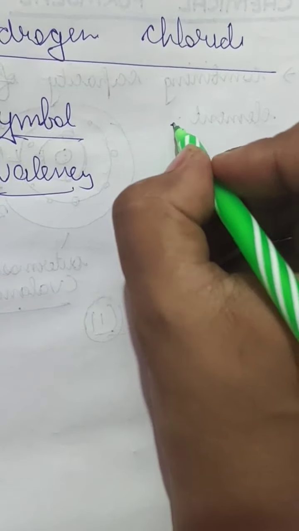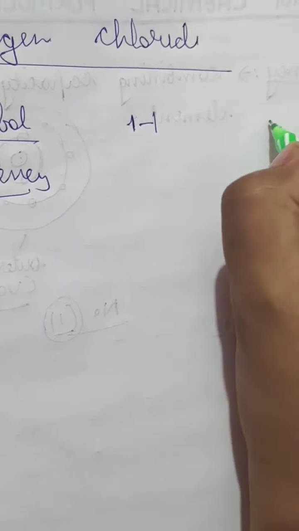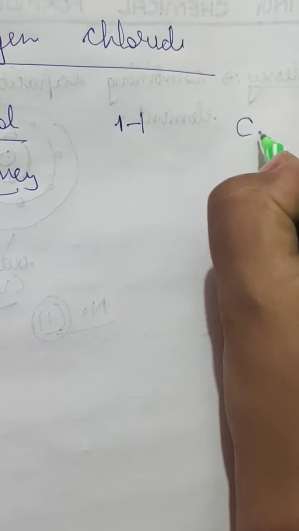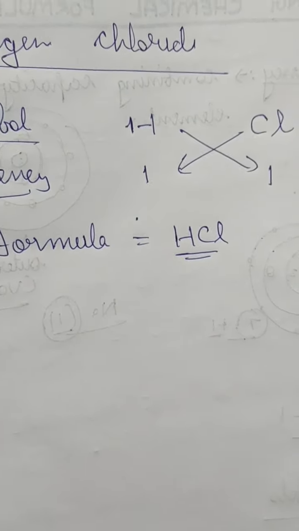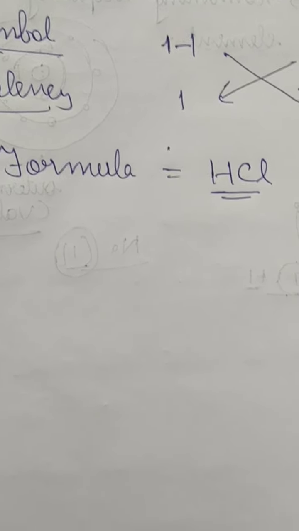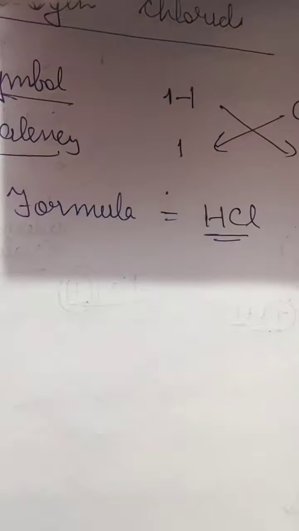So the elements are hydrogen H and Cl. Valency: hydrogen has 1, chlorine has 1. It will be like this. The formula would be HCl. Simple. So now we'll take a few examples from your NCERT books as well.